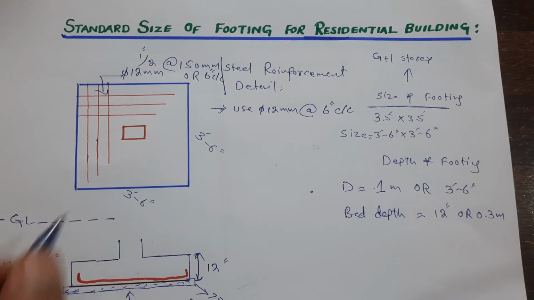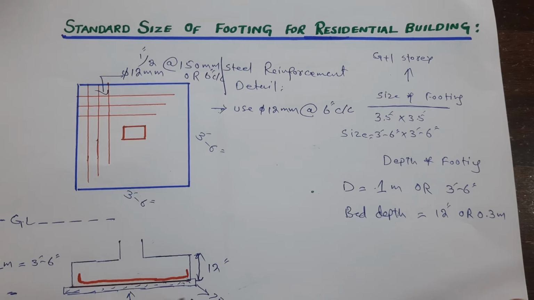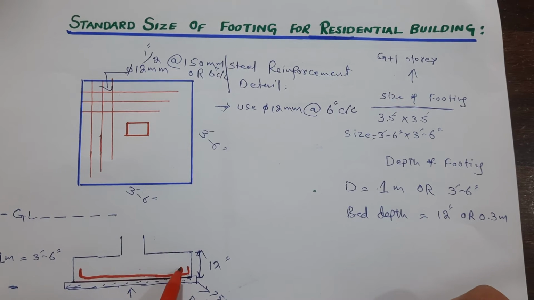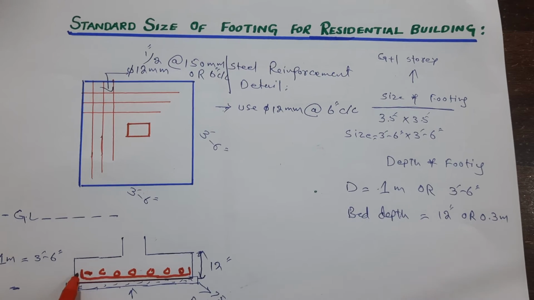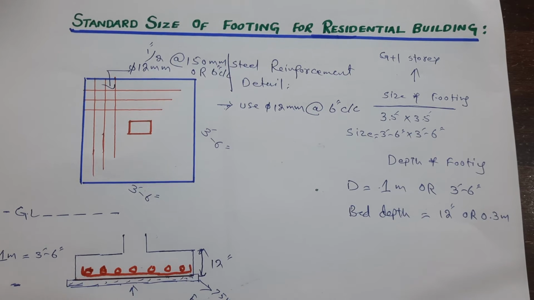These are the details for the footing steel reinforcement, but this is singly mesh guys, you can see here in this section. Don't provide doubly mesh for G+1 story because this is economical.